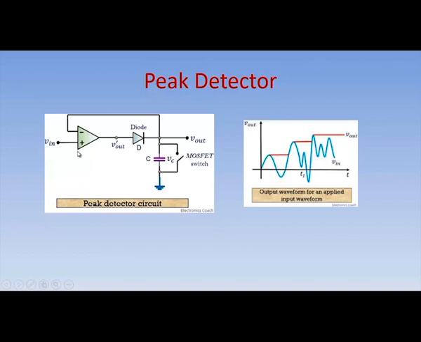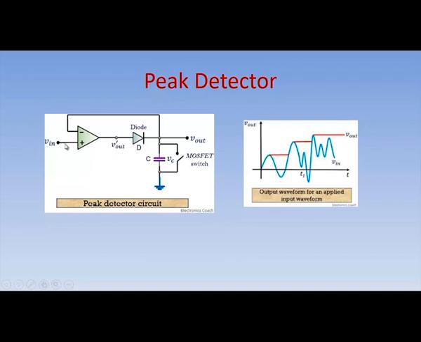Whenever the input voltage is higher than the voltage across the capacitor, then the diode will conduct, and if it is conducting, then the capacitor will store the new higher peak.